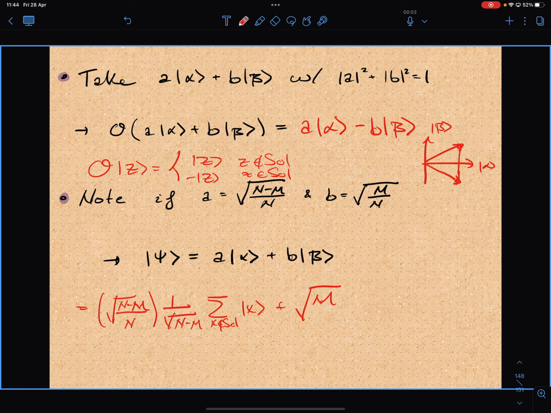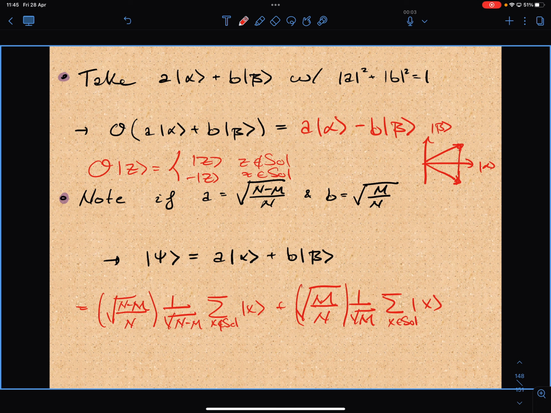And this is m over n, 1 over square root of m, and this is x in the solution.